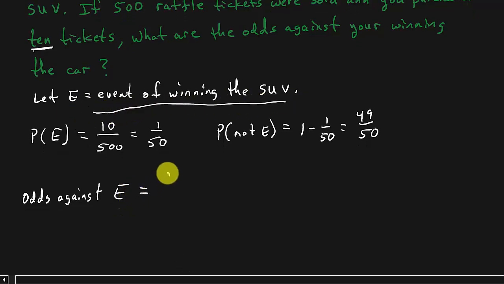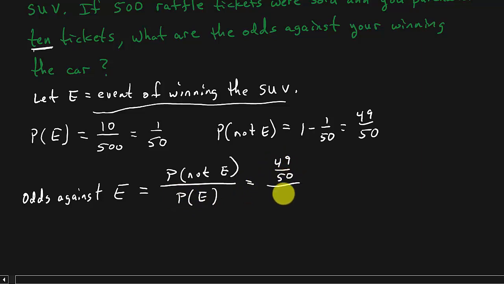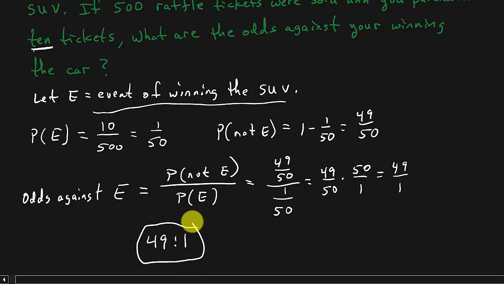Remember, that's the probability of not E divided by the probability of E. So that's going to be 49 over 50 over 1 over 50. And so that's going to be 49 over 50 times the reciprocal of this, 50 over 1, which is 49 over 1. And so the odds against are 49 to 1.